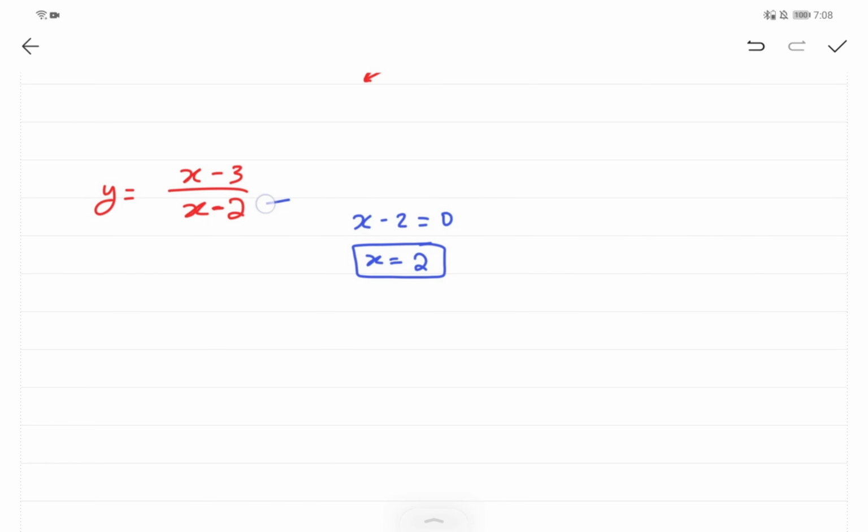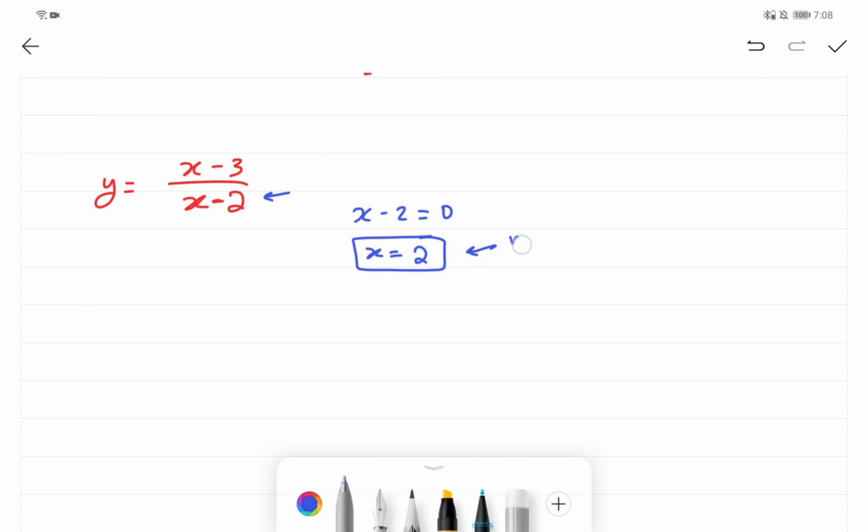And if you notice, there is no x minus 2 in the numerator, so the x minus 2 in the denominator is not removed. So in this situation, this is non-removable. And since we have non-removable, the graph is going to have a gap.